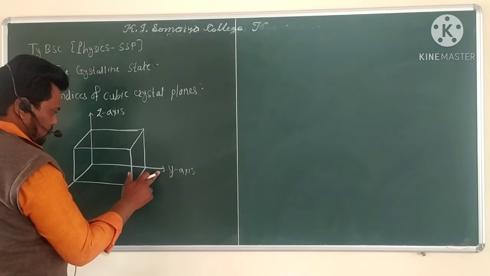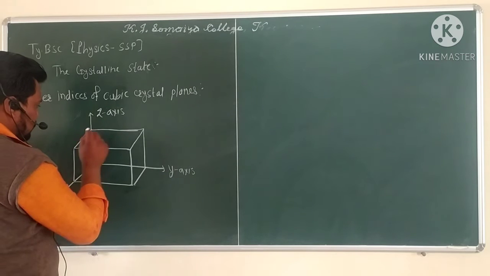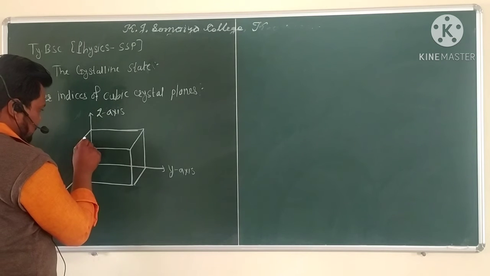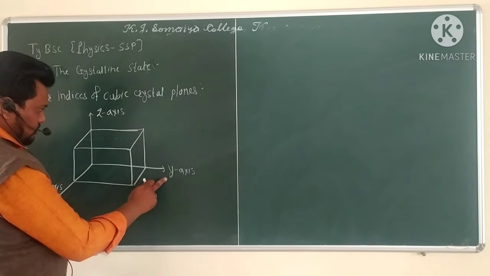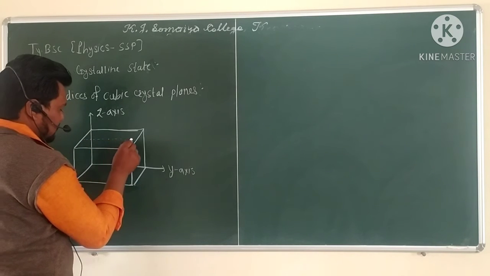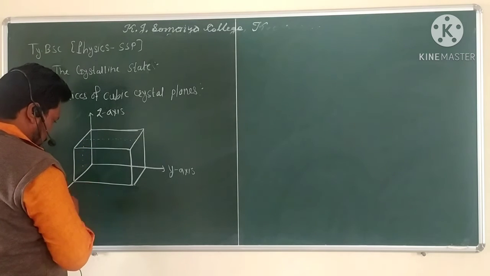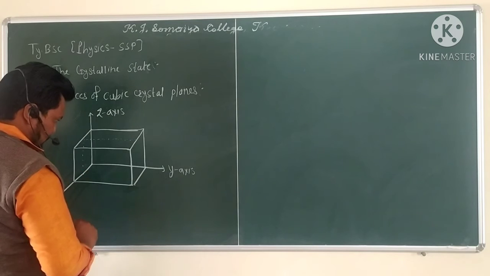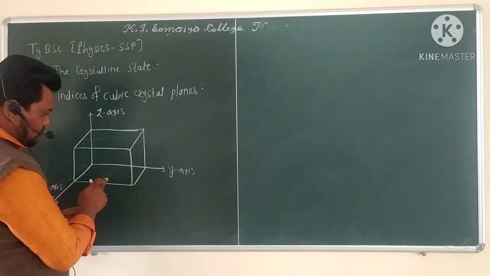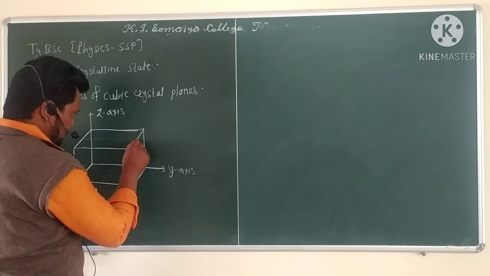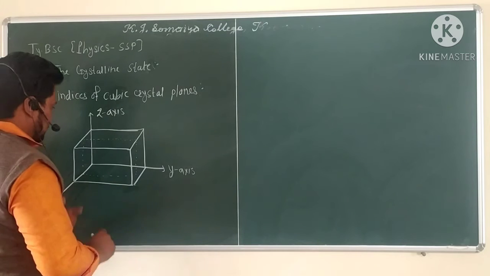This axis is the y-axis, this is the x-axis, and this is the z-axis, and we draw a plane which is parallel to this y-axis, and similarly parallel to the z-axis.